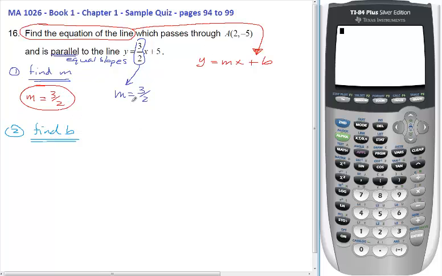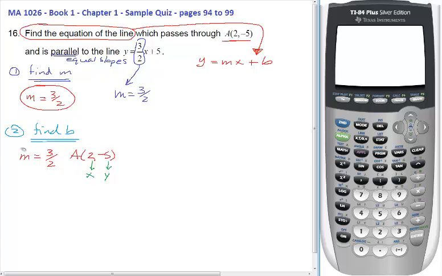Well, we know a slope now, so we're going to use the slope that we know. And we're going to use the ordered pair that they gave us, substitute those in, and solve for b, because we know this is an x value, this is a y value, and of course we have our m value.